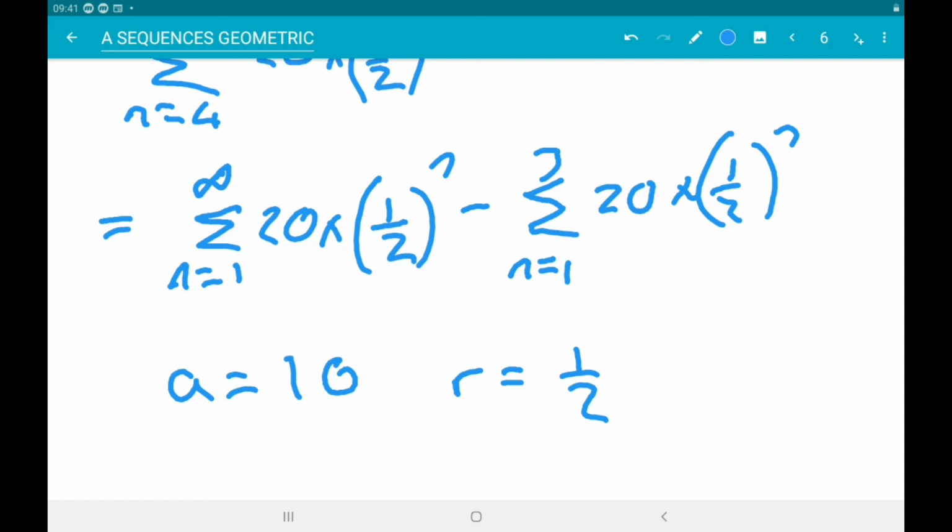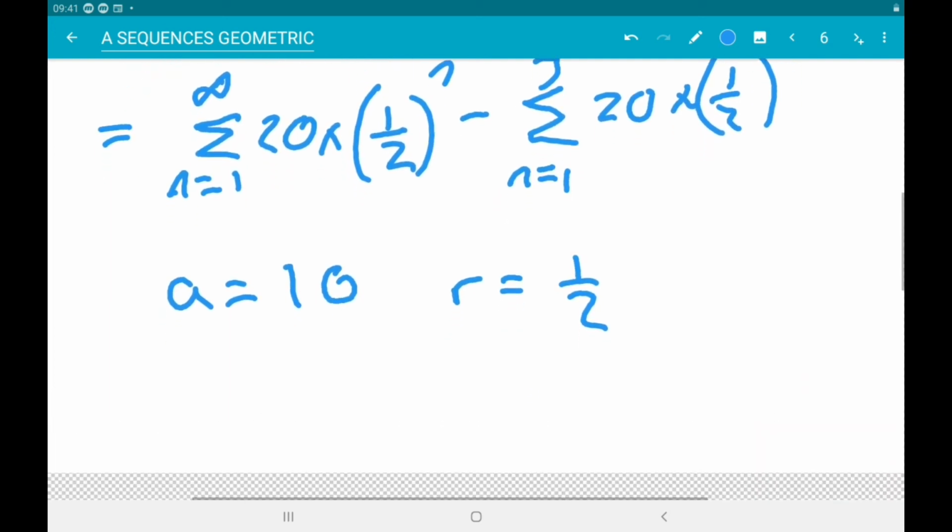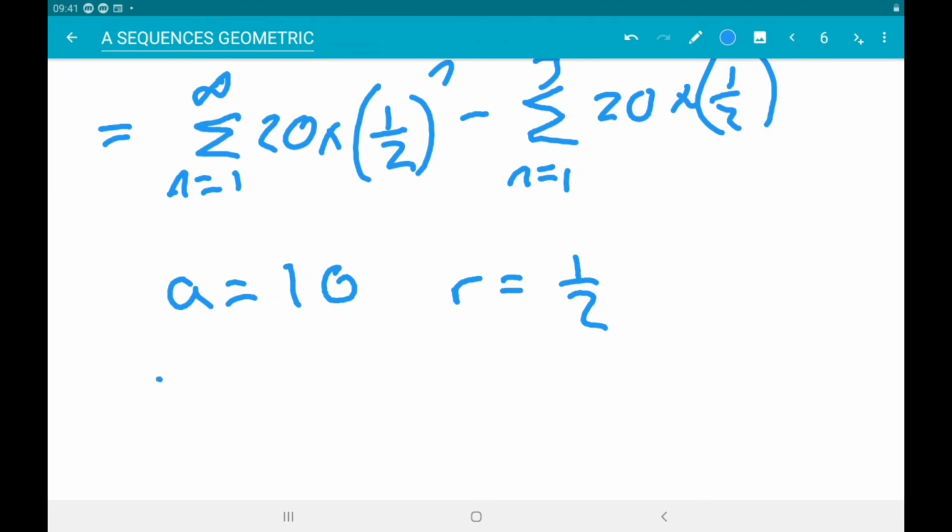Alright, so our sum to infinity is going to be 10 over 1 minus 1/2. Now that's 10 over 1/2, so that's 20.